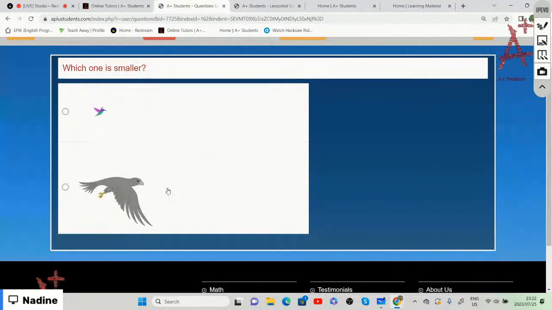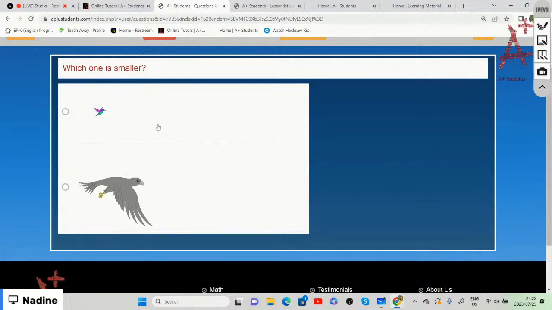Which one is smaller? We need to compare the two birds. We have a little bird and then I think it's either an eagle or another big bird. We need to look at the two birds in size and say which one is smaller.